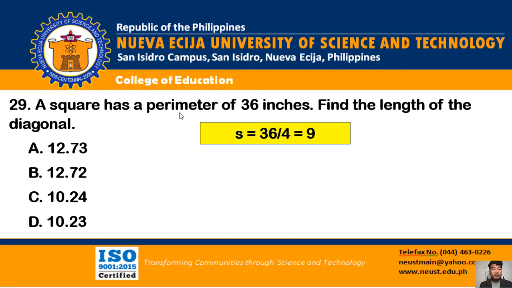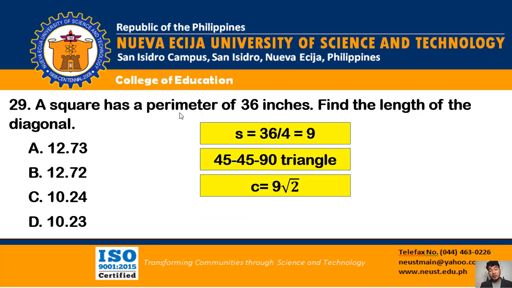Next, find the length of the diagonal. So we apply the concept of a 45-45-90 right triangle. If the measurement of the side is 9, then the measurement of the hypotenuse is 9 square root of 2. And simplifying this using your scientific calculator, you'll have 12.72792206 and so on.